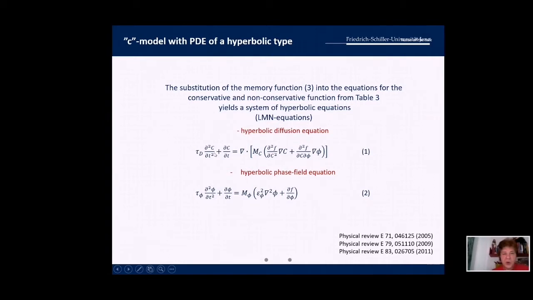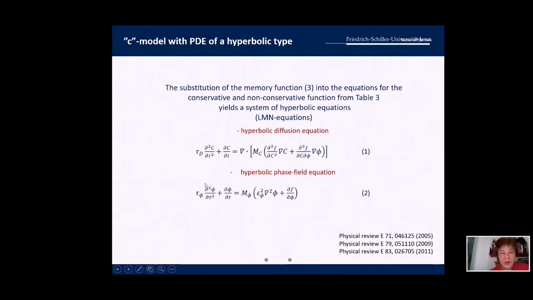So what do they characterize? The first derivative in time for concentration and the first derivative in phase field give us relaxation of the concentration field and relaxation of the phase field itself.